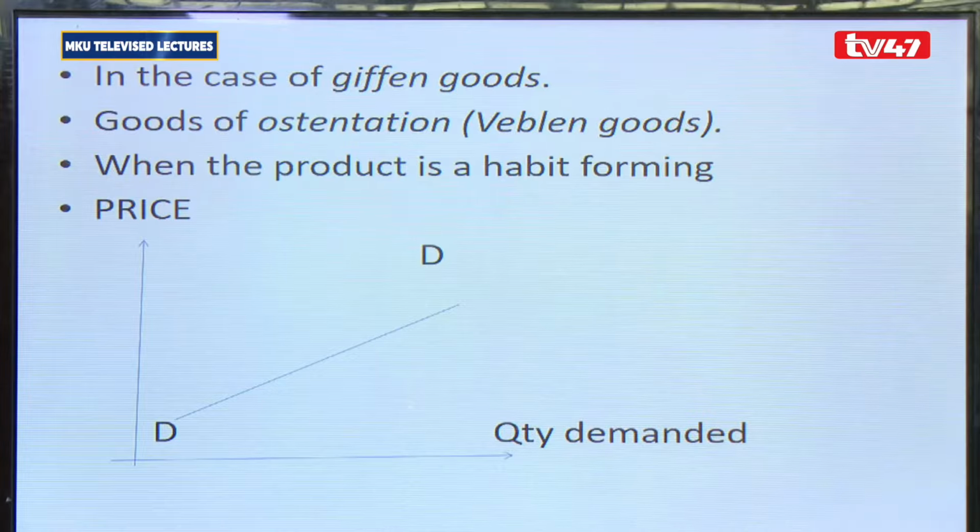Giffen goods have a number of features. One of the features is that, number one, they are considered to be inferior. We call them inferior, but I put it in quotes. When we look at a product as inferior, we associate it with a product that attracts the low-income group of society.